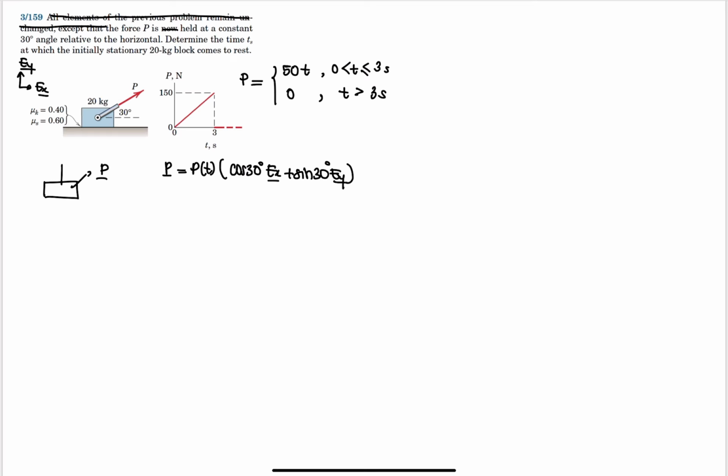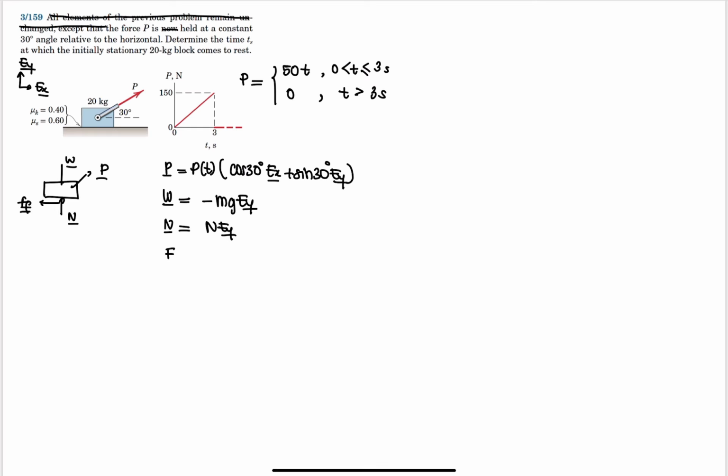The weight, the normal, and the friction force. Weight is minus mg Ey. The normal force is N Ey. And notice that the normal force is going to be a function of time. It's going to depend on P, right? P has a vertical component, so it's going to affect the normal force.